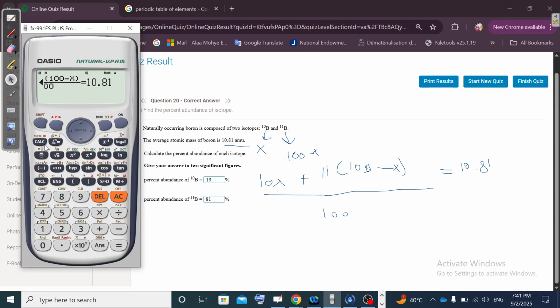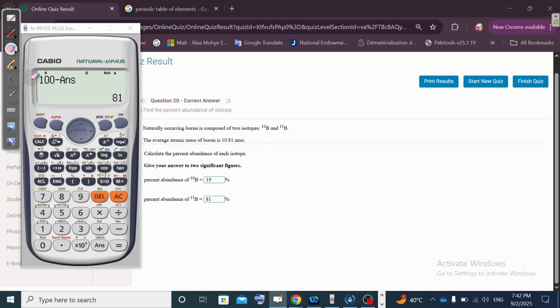Let's check how much the x value is. So the x value is 19. So for the 10 it is 19. For the 11 it's 100 minus 19, which is 81. Simple. So x equals 19, and 100 minus x equals 81. Simple.